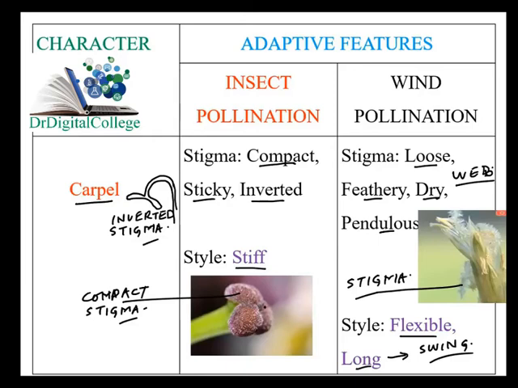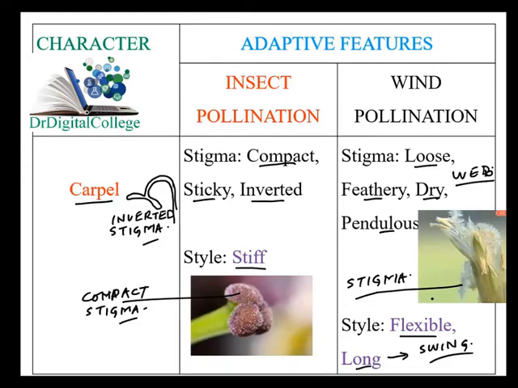It will not easily move away. So you can see its surface is very much sticky. So it will easily catch the pollen grains from the body of the insect. Okay. So these are the adaptive features of the female reproductive part of insect and wind pollinating flowers.